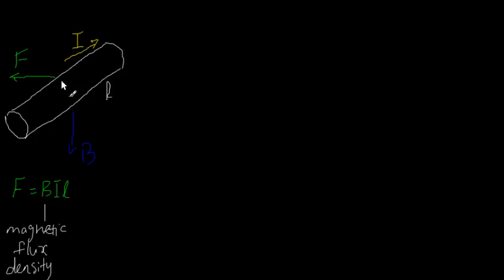I have said that this force acts on each and every part of this rod that has a current and that has a magnetic field. So that seems clear enough. But what I would like to understand is where this force is actually acting in terms of the atoms, in terms of the electrons.